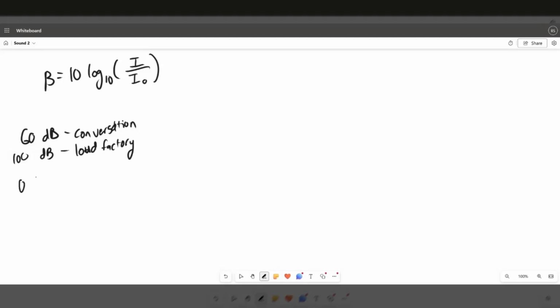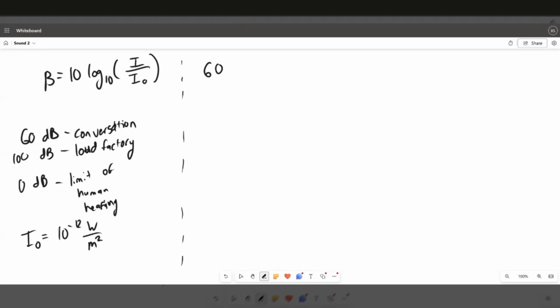And our baseline was the 0 decibels for the lower limit of human hearing. And we said that corresponded to I0 of 10 to the minus 12 watts per meter squared. We know the decibel level is 60 for a conversation, so let's see what that corresponds to in terms of the intensity.